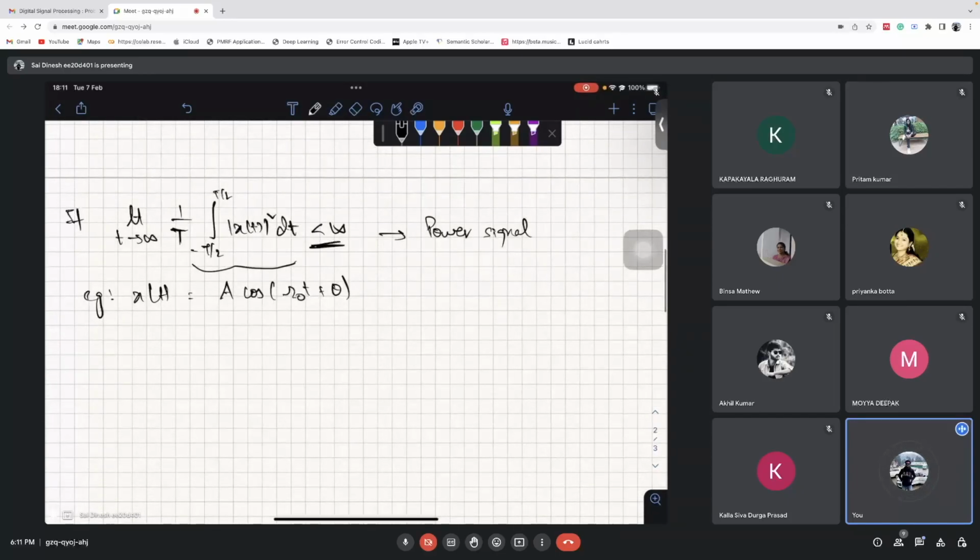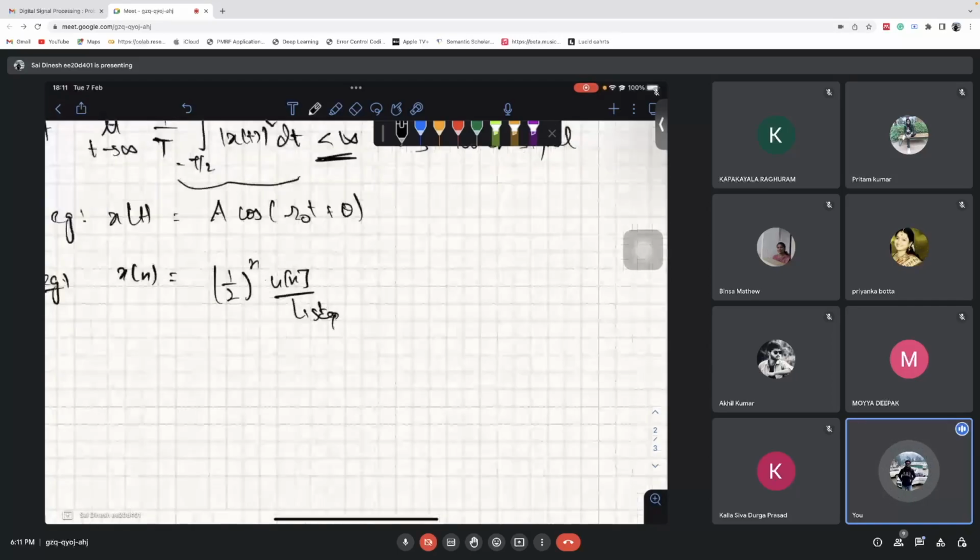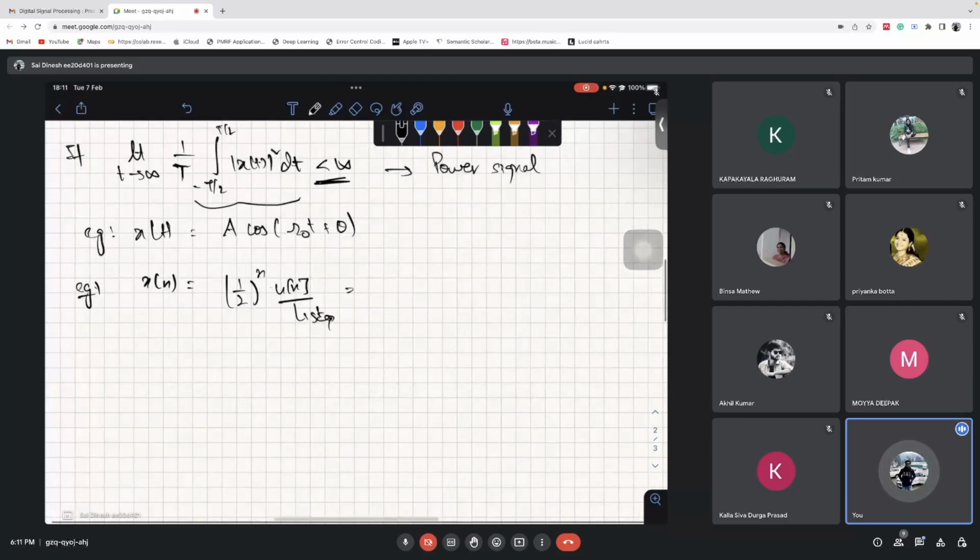If I take a signal, for example x(n) equals (1/2)^n times u(n), where u(n) is a step signal that I'm sure you all know, but I'll cover again later. So it is (1/2)^n for n greater than or equal to 0, and 0 for n less than 0.